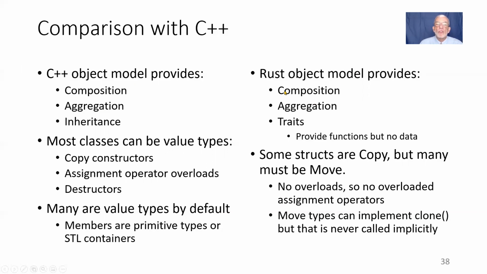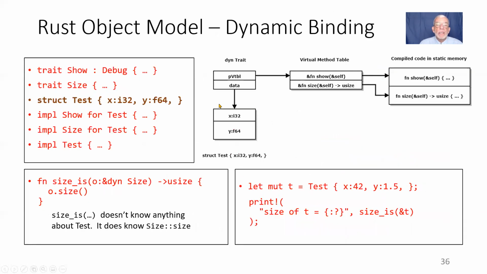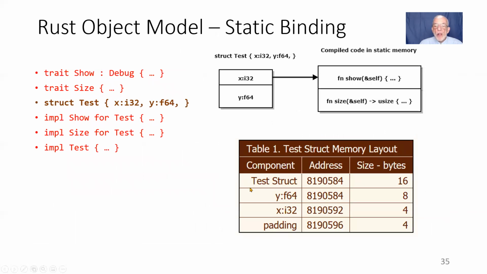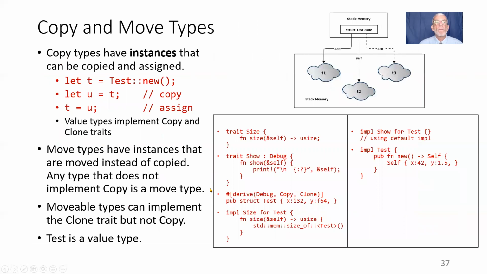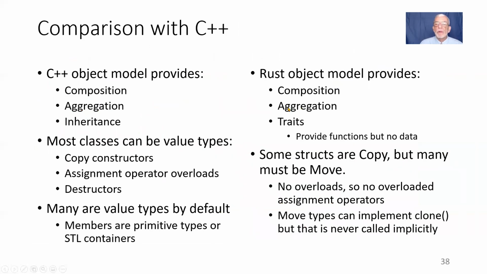Rust has composition. And remember, let's go back and look at this table. Sure enough, Y and X lie inside of this struct. In the memory footprint of this struct, these guys reside there. They are compositions. And aggregation I can do using the box construct.